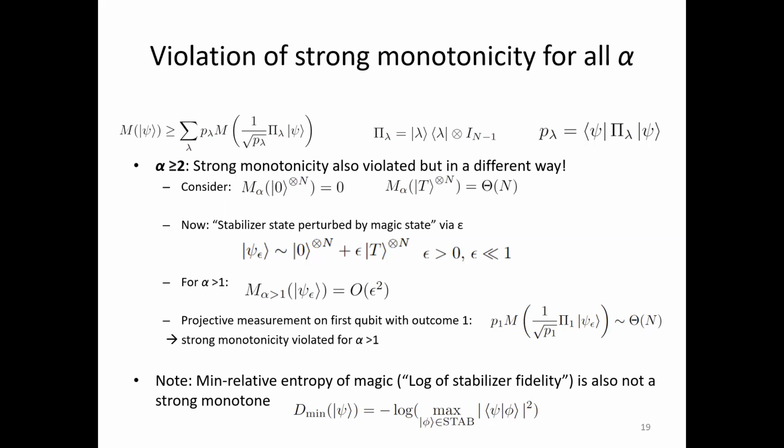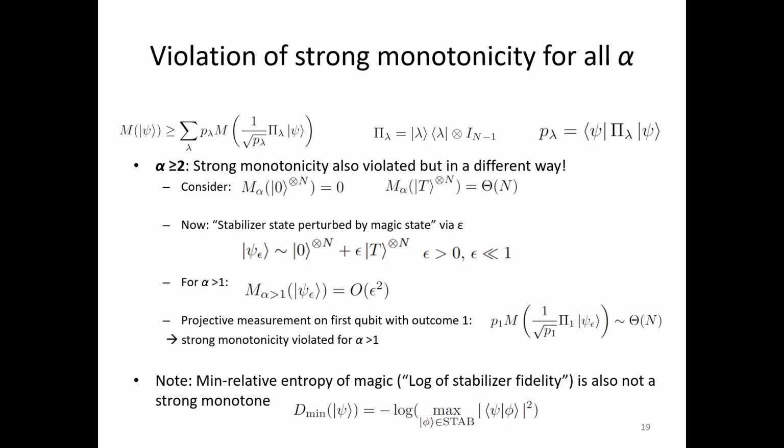And if we check now the magic of this perturbed state, we find it's constant. So it scales only with epsilon squared, but in particular, it's independent of the magic of the state. So although there's now a contribution which is highly stabilizer and a contribution which is highly magical, the resulting state is independent of the number of qubits. So it has some magic that just scales with epsilon squared, but doesn't scale with the number of qubits whenever alpha is greater than 1.